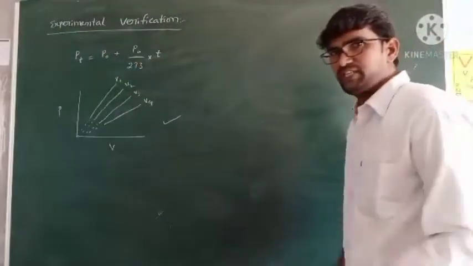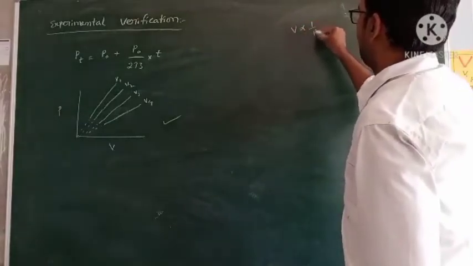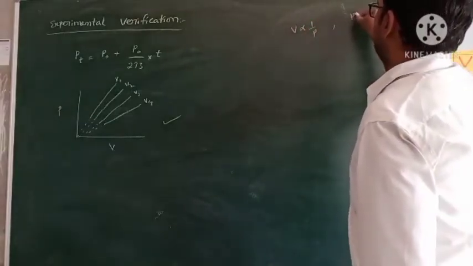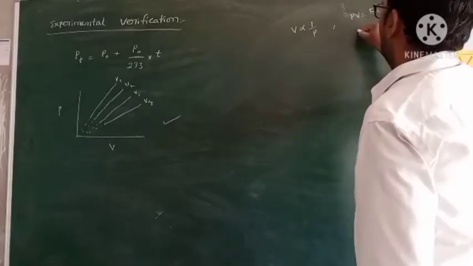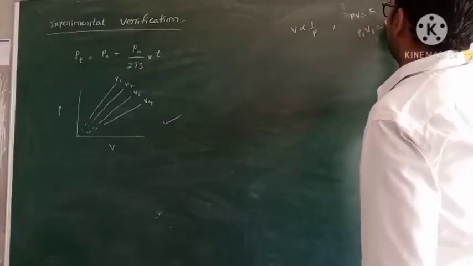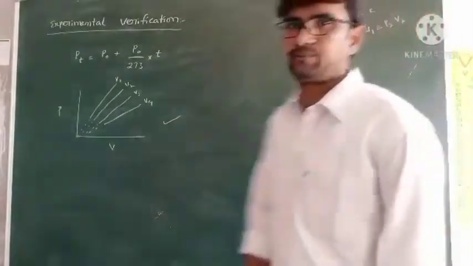Now a simple one for Boyle's law: V is proportional to 1 by P, and PV is equal to constant K, and for two gases P1 V1 is equal to P2 V2. These three are important for Boyle's law.